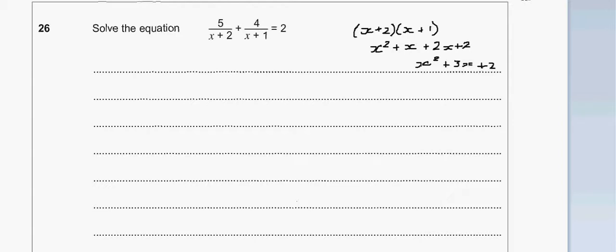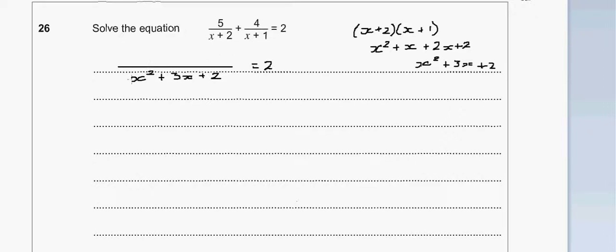So let's put this here. Like this. So this is my common denominator, x squared plus 3x plus 2. Now this will still equal 2 because all we're doing is adding the fractions.